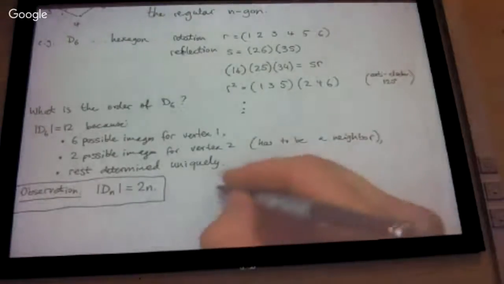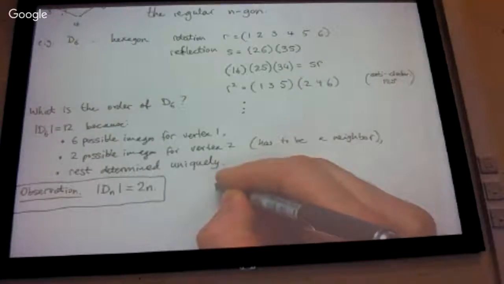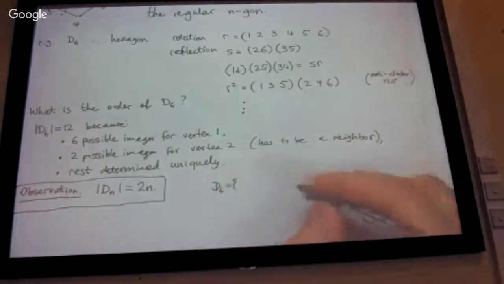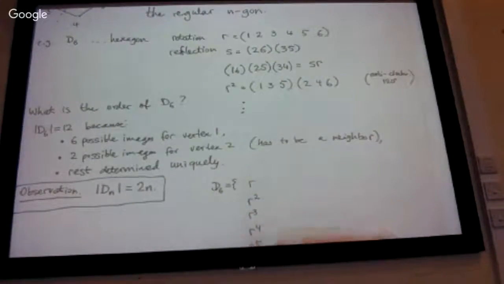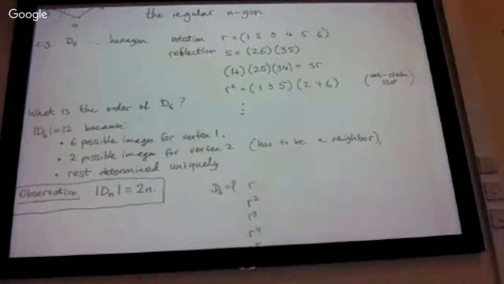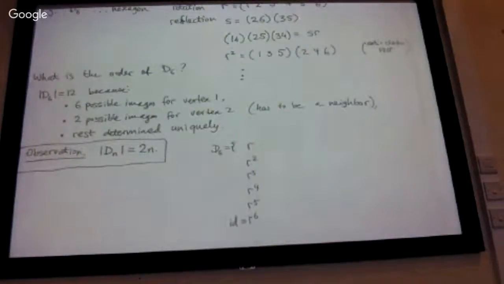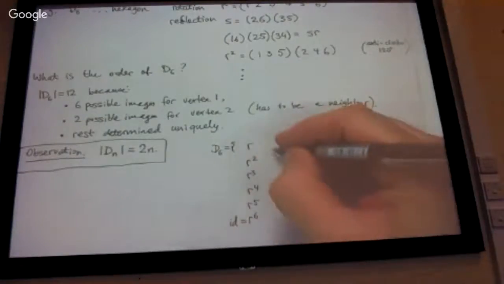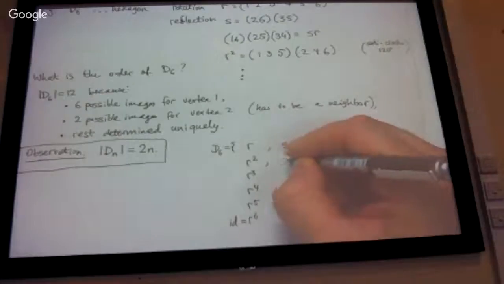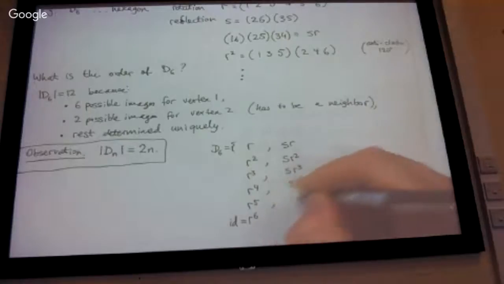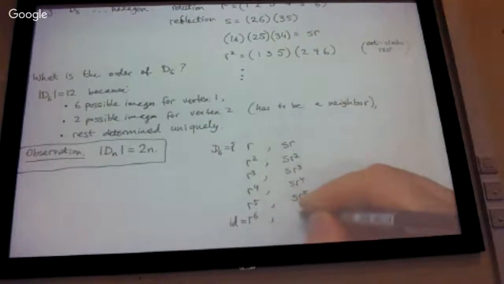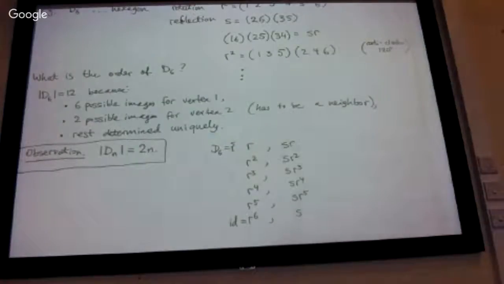So what are the elements? So D6. I want to list them all. So I have the rotation R to the 6, and that's the identity. And then I had SR, and I can have SR squared, and SR cubed, and SR to the 4th, and SR to the 5th, and I can have S, which is S times R to the 6th.